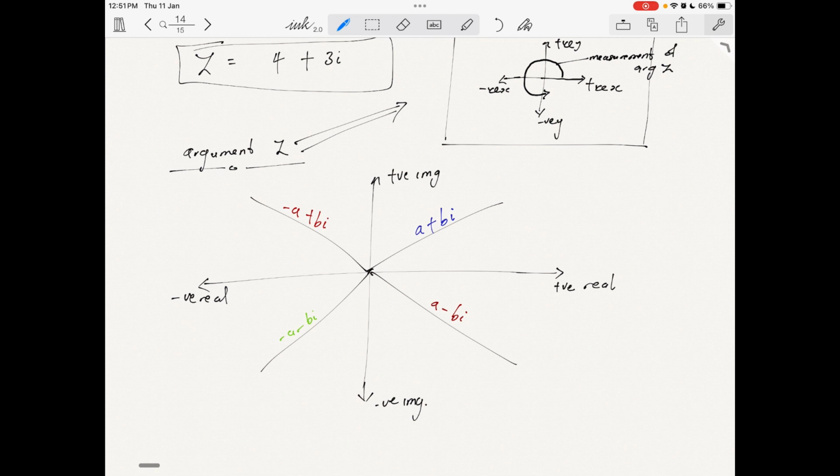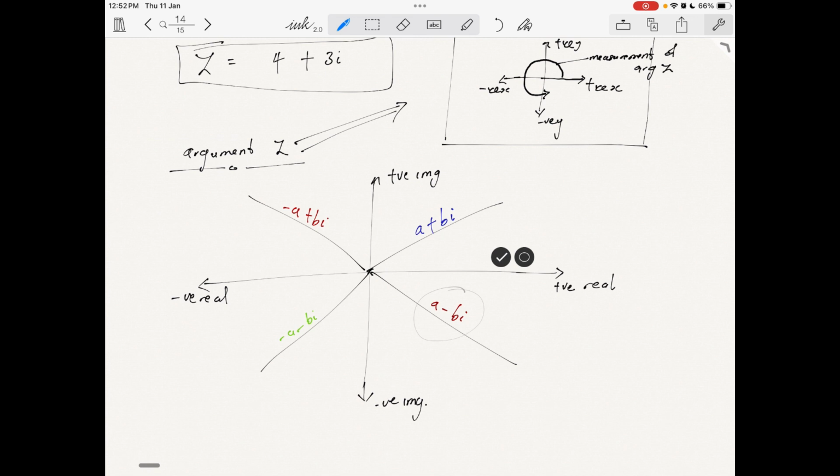Now if you look at a plus bi, that means it has a positive real number and a positive imaginary number. If you look at minus a plus bi, it has a negative real number as we have here, and a positive imaginary number. And if you have minus a minus bi, a negative real number and a negative imaginary number as we have here.